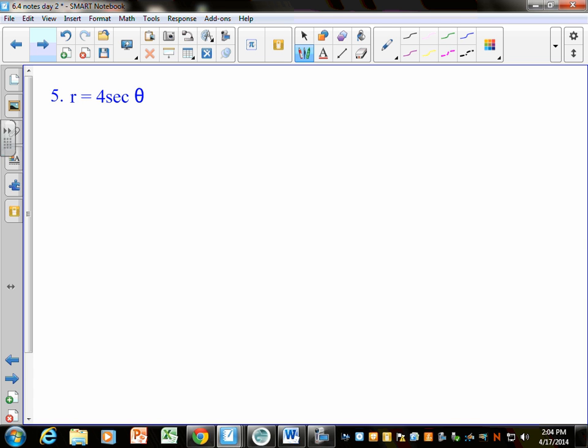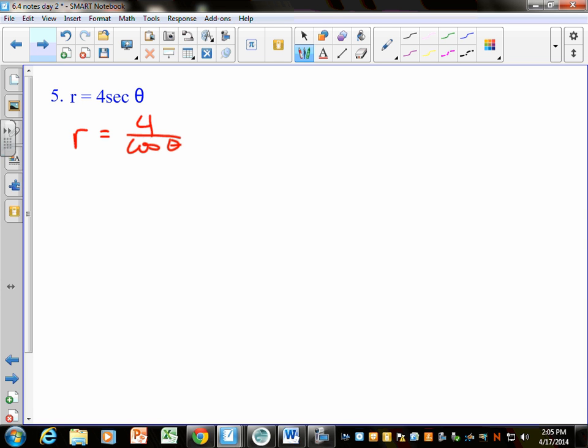What can we do on this one? Maybe. Is secant something that is in one of the little equations I gave you? No, but what could I change secant to? Could I write this as r equals 4 over cosine theta? And what could I do with that cosine?